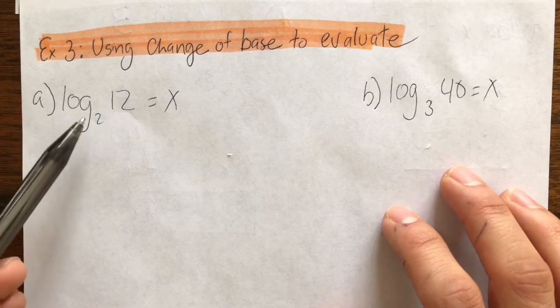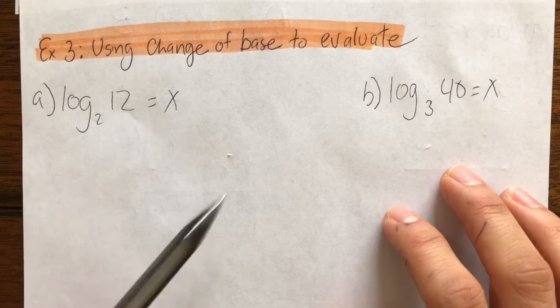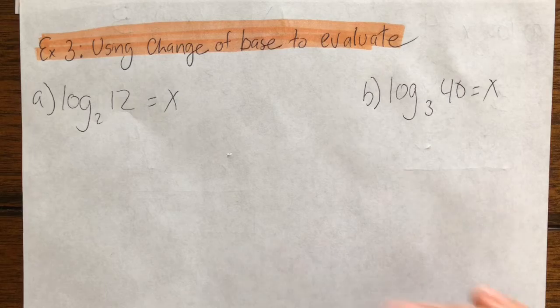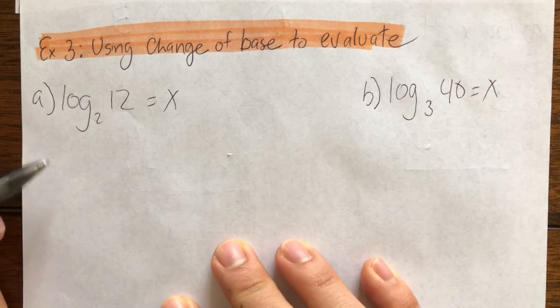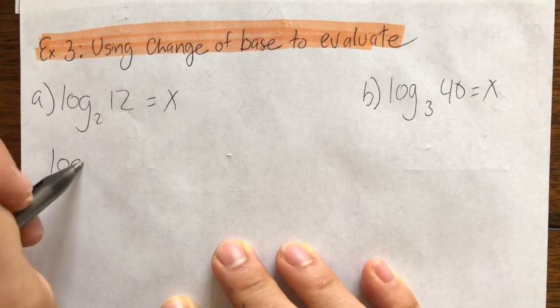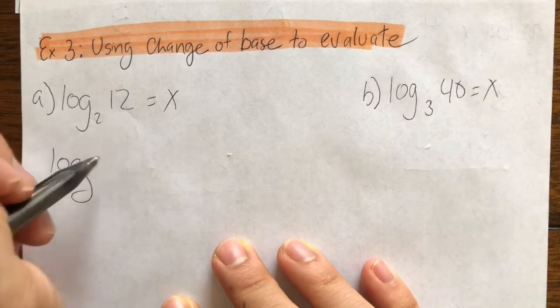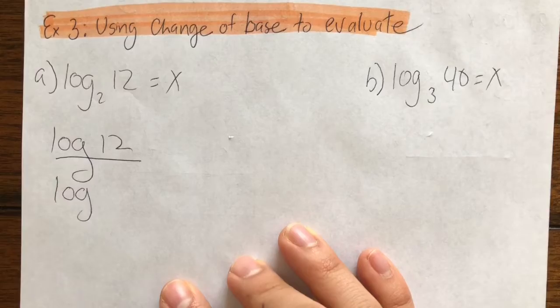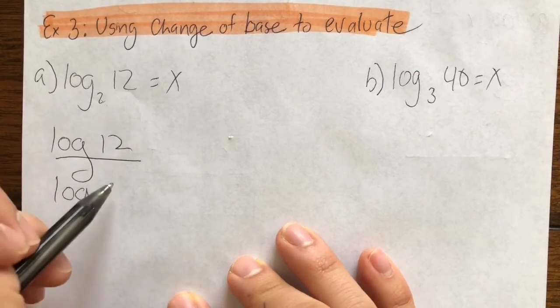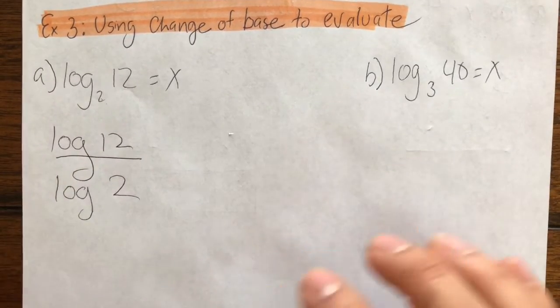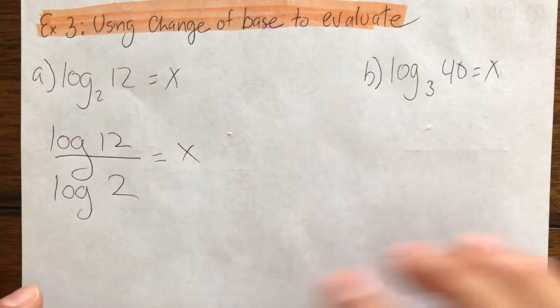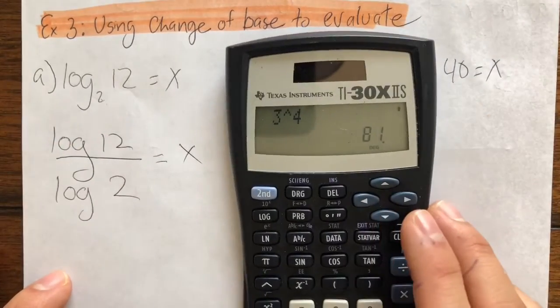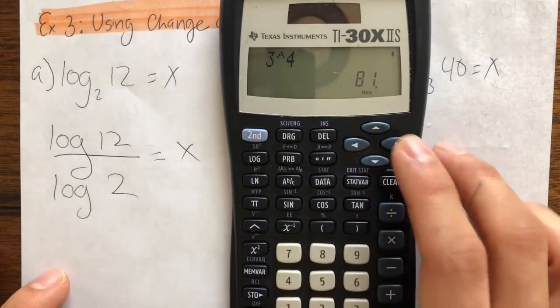So we have log 2 of 12 equals x. I'm going to use the change of base formula. So I have log of the output, which is 12, divided by log of the base, which is 2. Let's go ahead and plug this in my calculator. If you don't have it, I want you guys to take out your calculators.